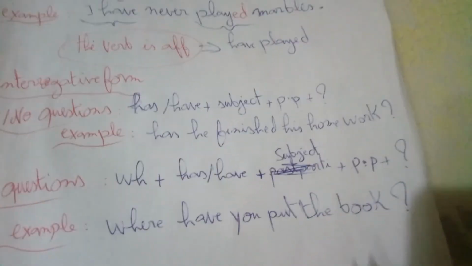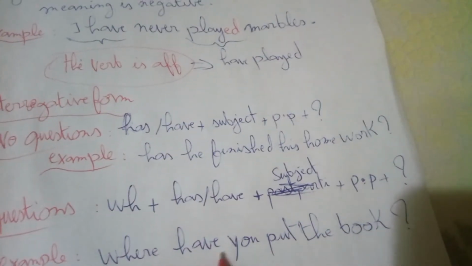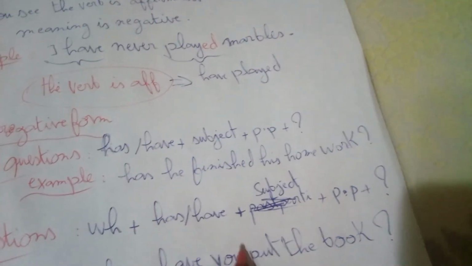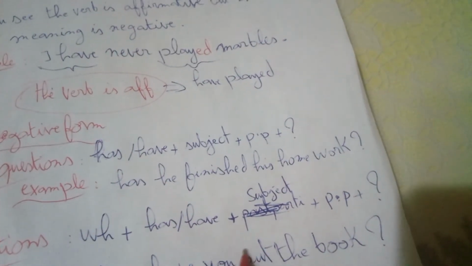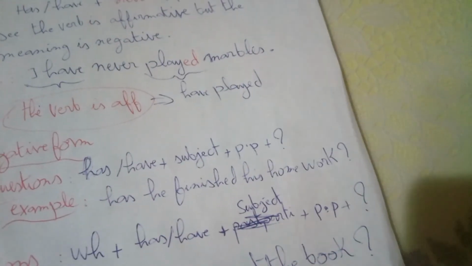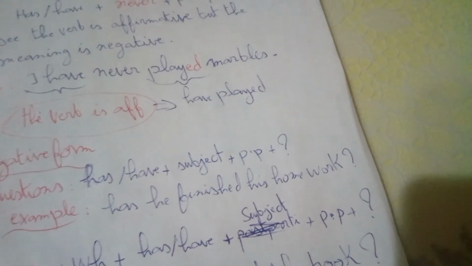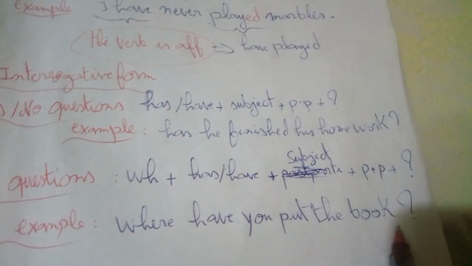Here we have where, the WH word. Have is the auxiliary, and after it, you is the subject, and after that put, an irregular verb, then the object of the question, the book, and the question mark.